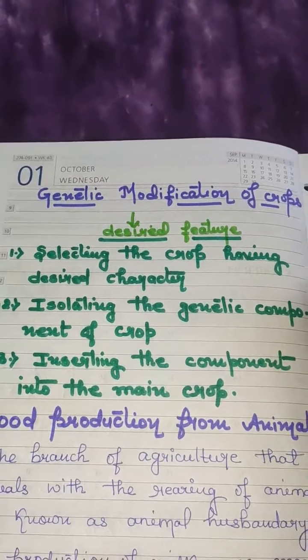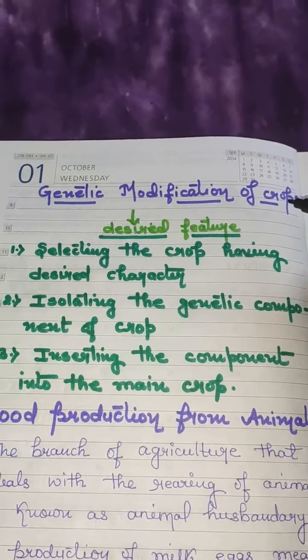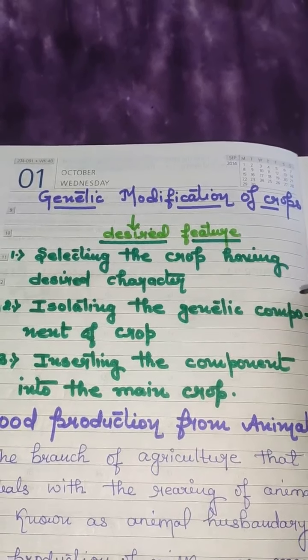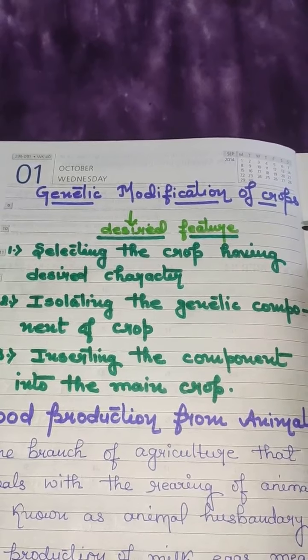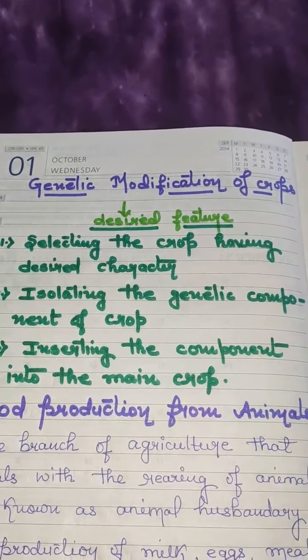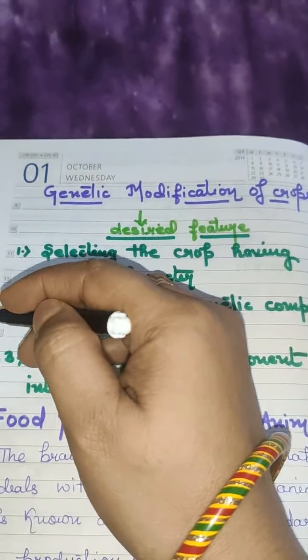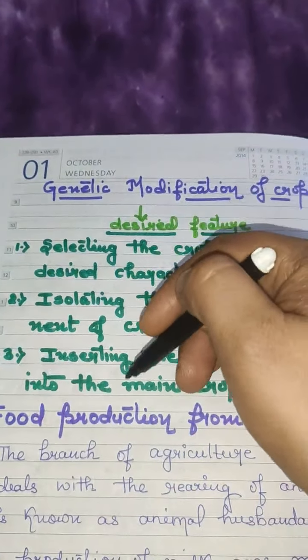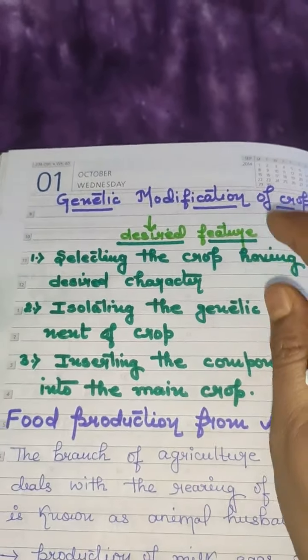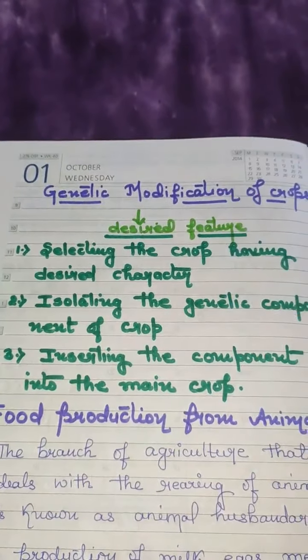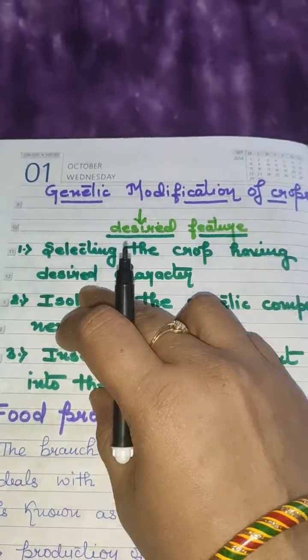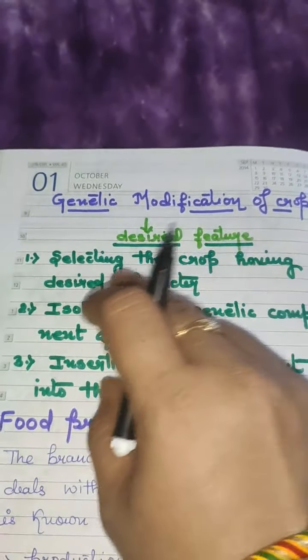How do we get the desired feature? Through the different systems and techniques used in genetic engineering. In a very short manner, I have listed 3 points here. What are we doing to get the desired feature in the crop? First of all, selecting the crop having the desired character.